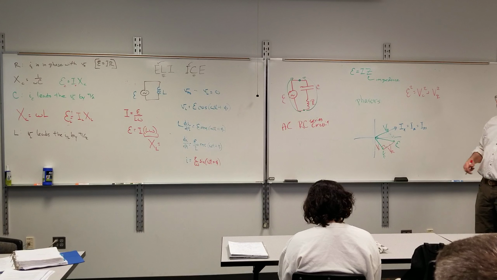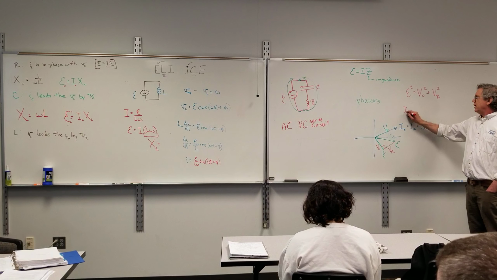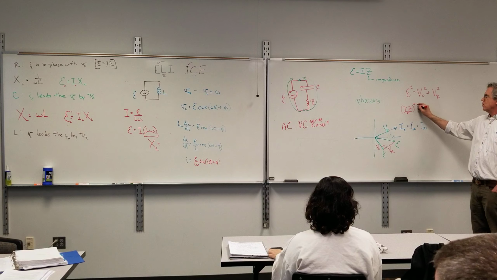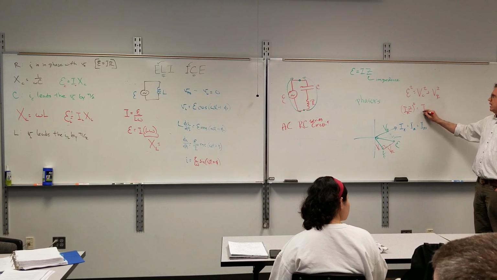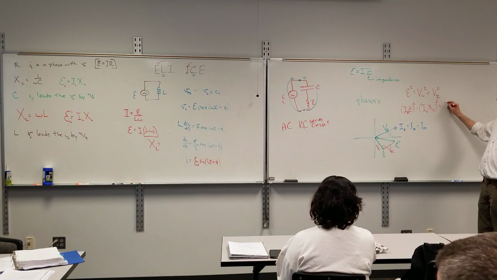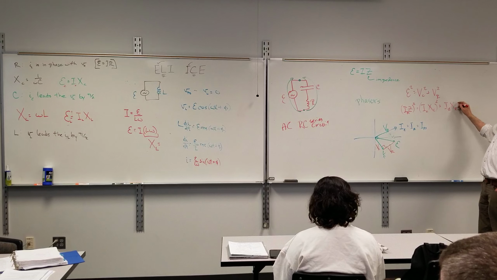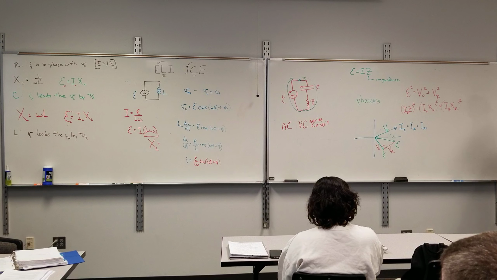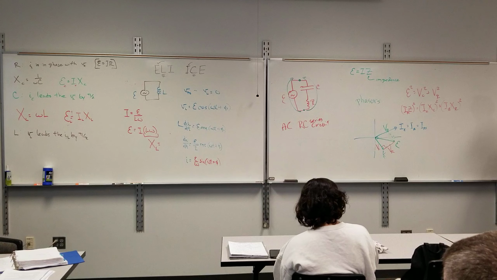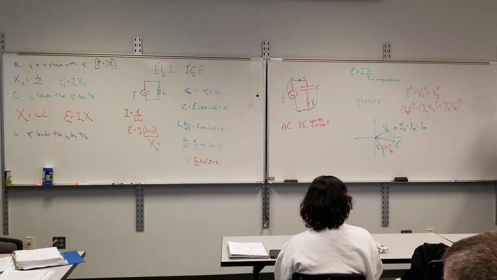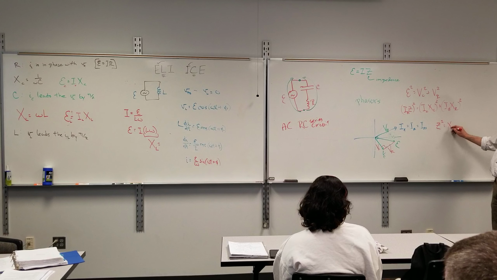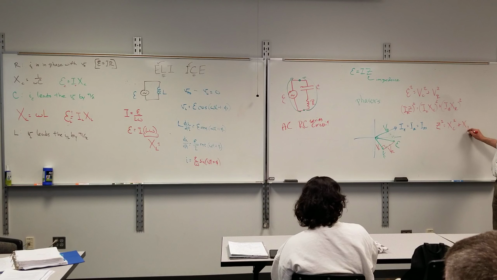Plugging in our Ohm's law variations, this is equal to IZ. So I Z squared is equal to I X sub C squared plus I R squared. All my currents are the same in this problem, so I can just divide them out. I'm left with Z squared equals X sub C squared plus X sub R squared.